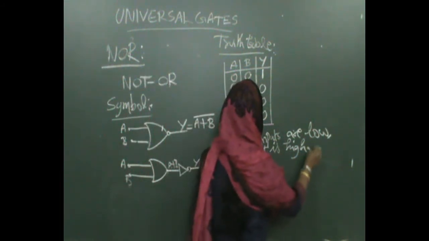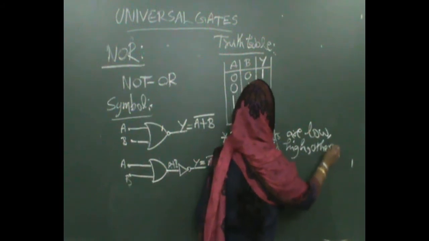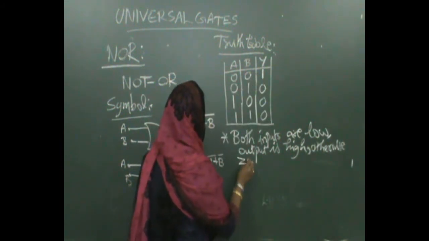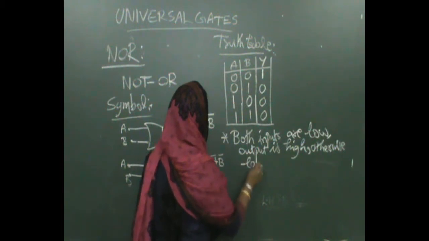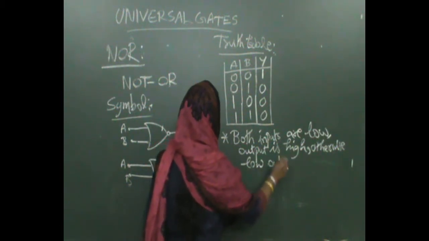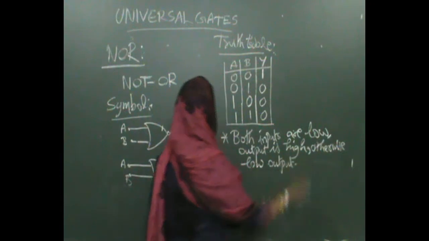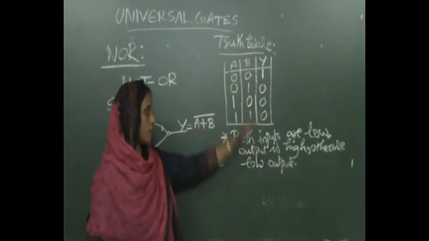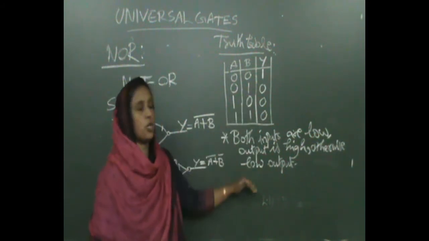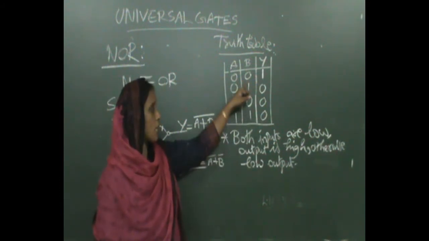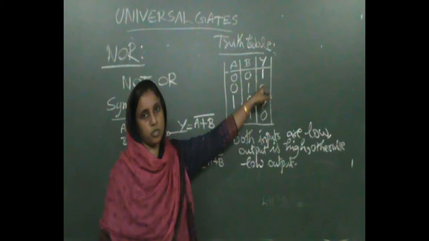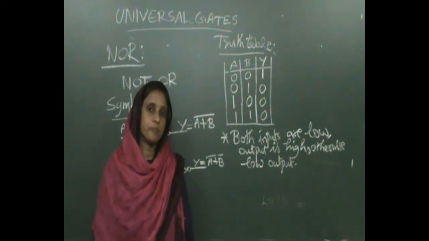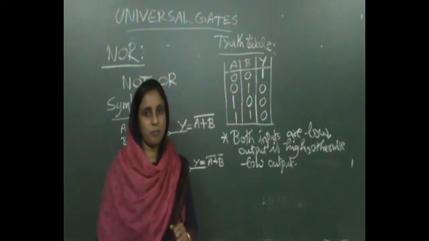Otherwise low output. Okay, this is the word description of this NOR gate. If both inputs are low, we have high output. In all other cases you get low output. This is about NOR gate.